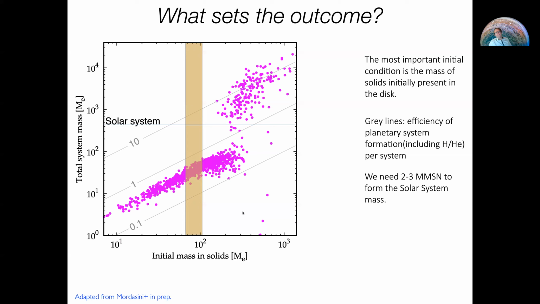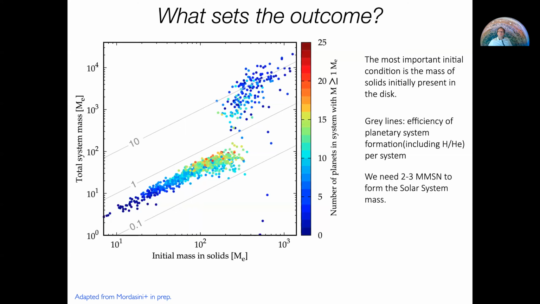We can take this figure a little bit further and bring in again the architectures. We can do that by color coding for each system the number of planets in a system with a mass of at least 1 Earth mass. And then we see the following. At the lowest initial solid masses, the number of such planets is 0 or very low, just because there is not even enough mass to build one planet of at least 1 Earth mass.